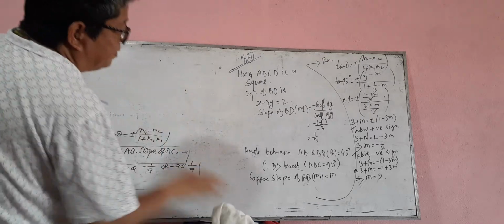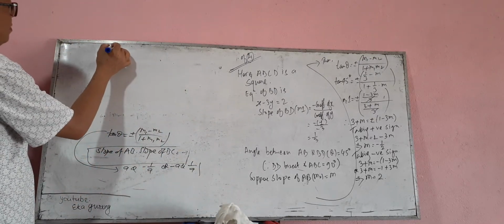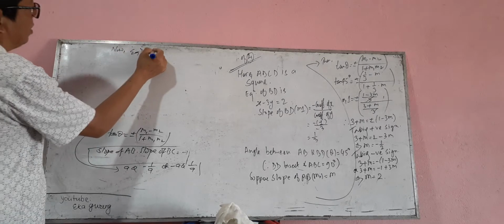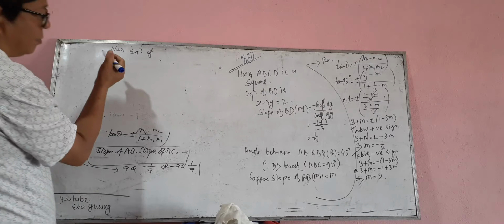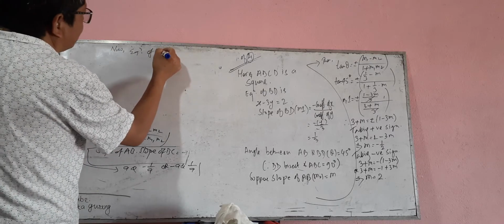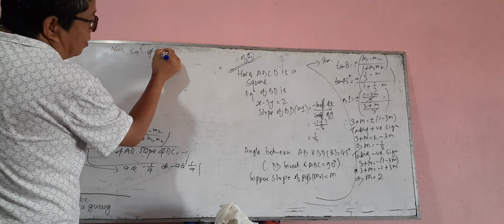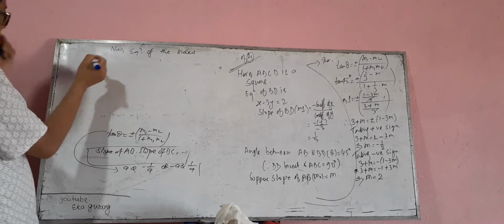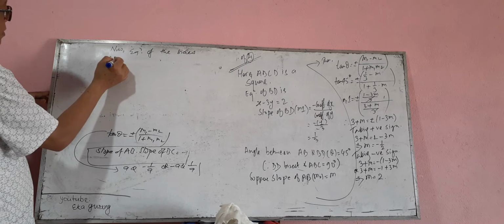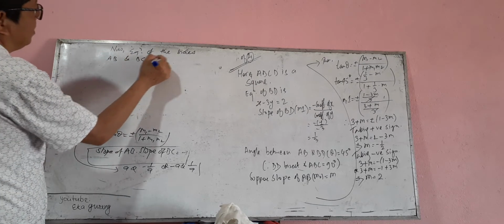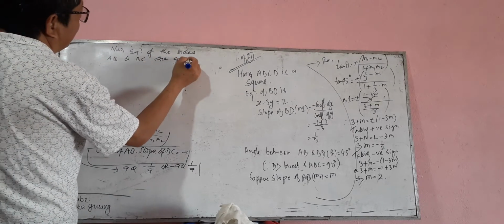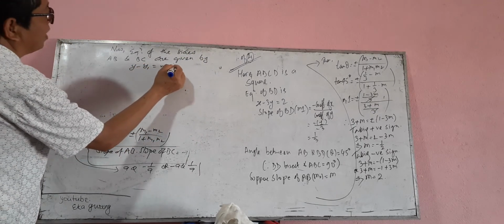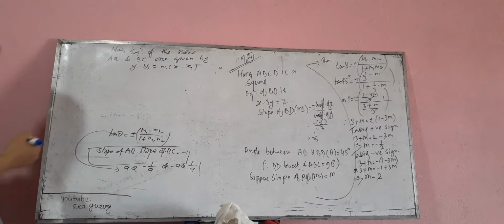Let us see. Now the equations of the sides AB and BC are given by y minus y1 equal to m times (x minus x1).